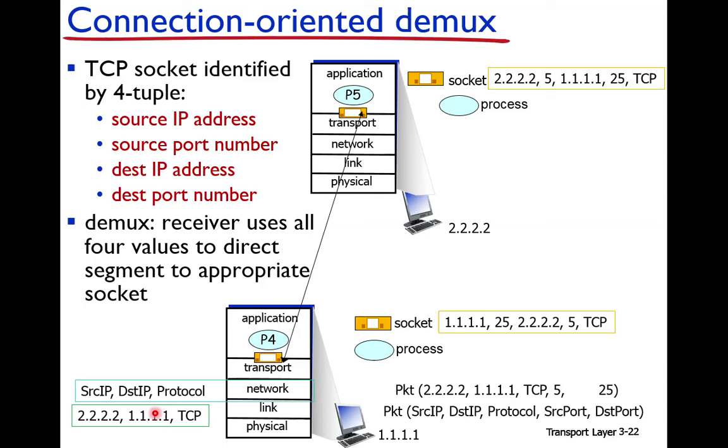The destination IP address is 1.1.1.1, and it matches this machine's IP address, which is 1.1.1.1. So the network layer will assume that this packet is for this machine. Therefore the network layer will accept this packet and pass it on to the transport layer. To which layer? To the transport layer.